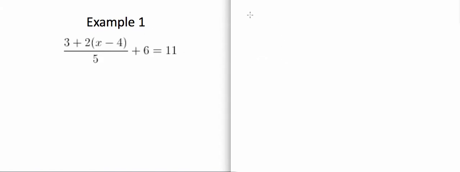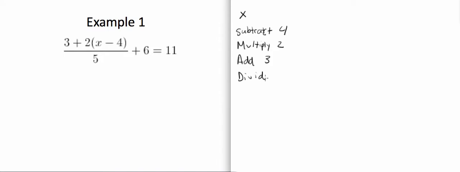I'm going to write out the steps of the number trick to start off. So we started off with x, and then we subtracted 4. And then it looks like they multiplied by 2. And then added 3.